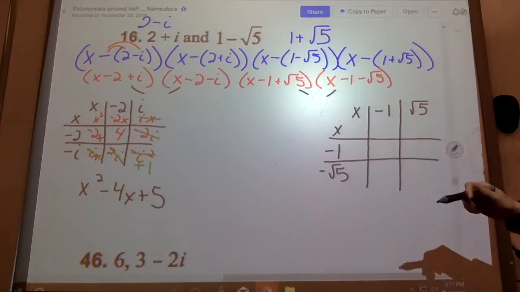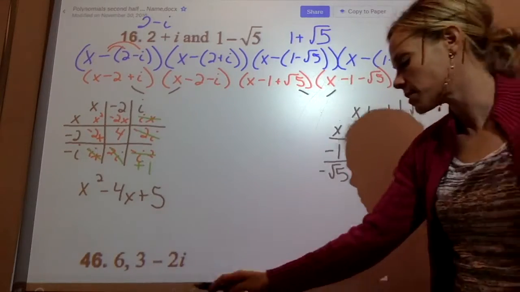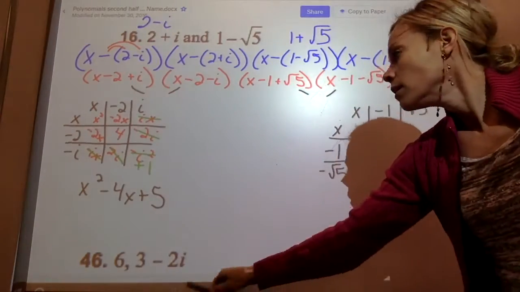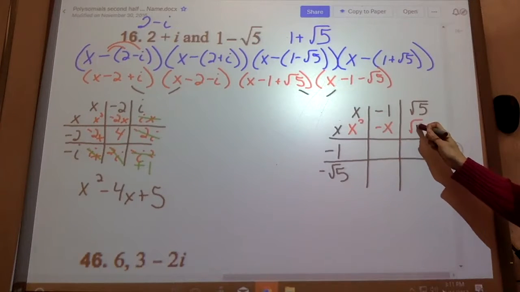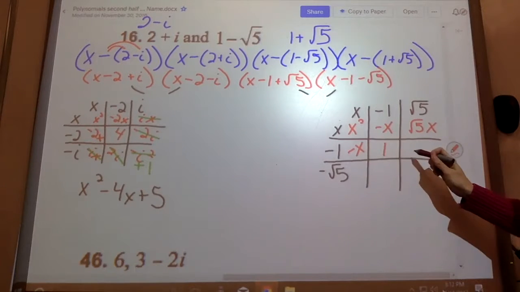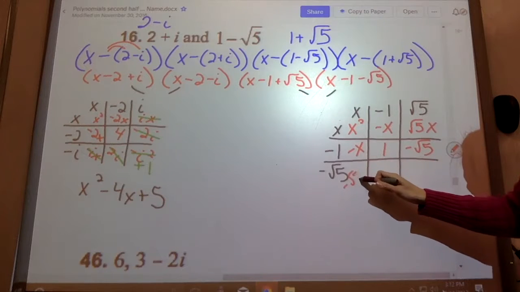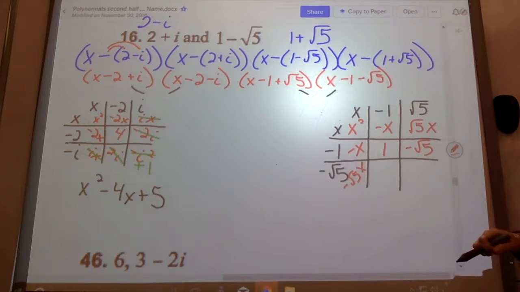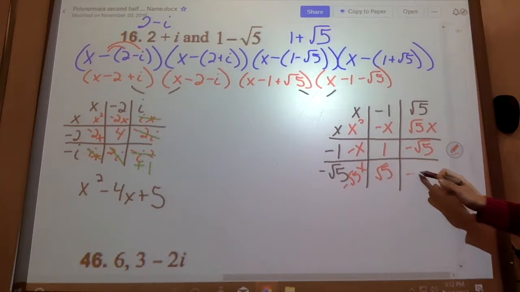And again, remember, it doesn't matter if you have row, column, as long as you're multiplying them together. So then I'd have x squared, negative x, square root 5x, negative x, positive 1, negative root 5, negative root 5x, positive root 5, and negative 5.